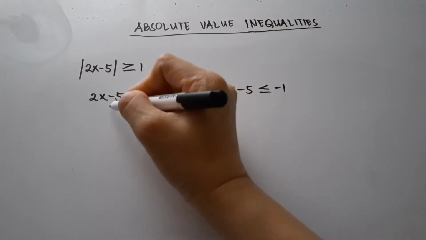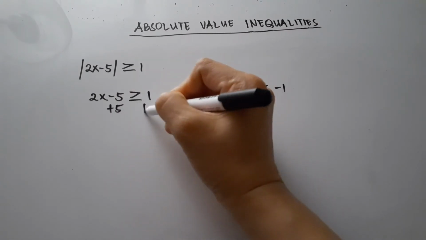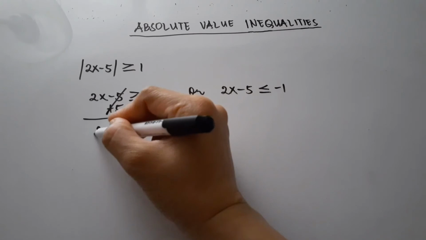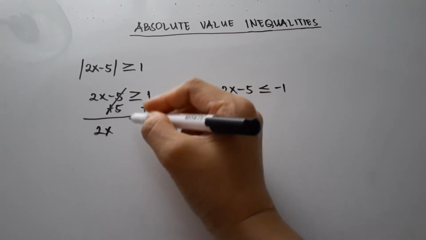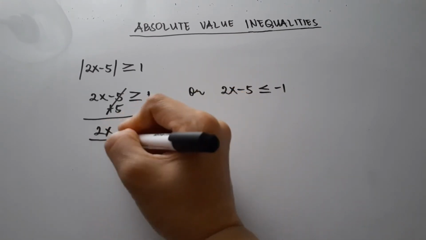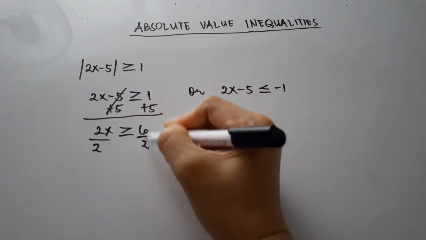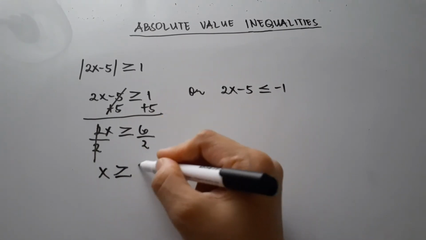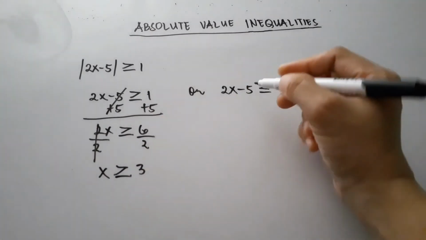Remember to change the direction of the sign for the negative case. So we have 2x greater than or equal to 6. Divide both sides by 2, then x is greater than or equal to 3.